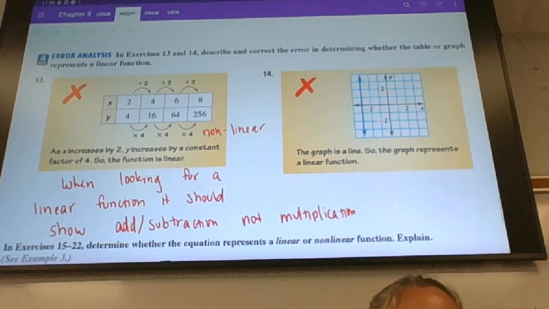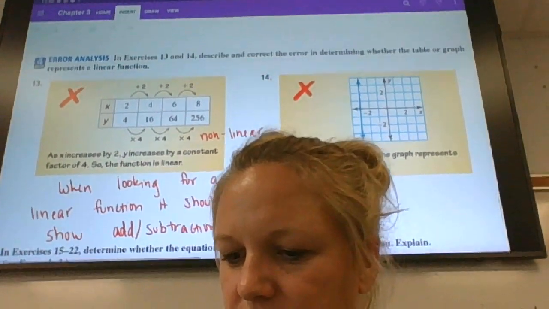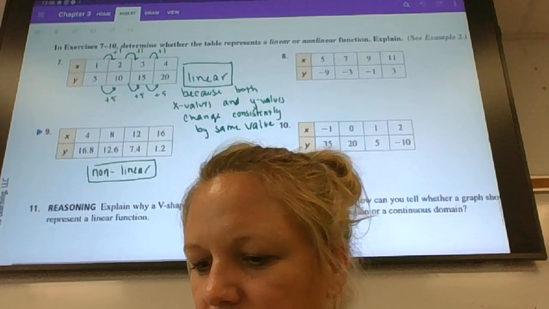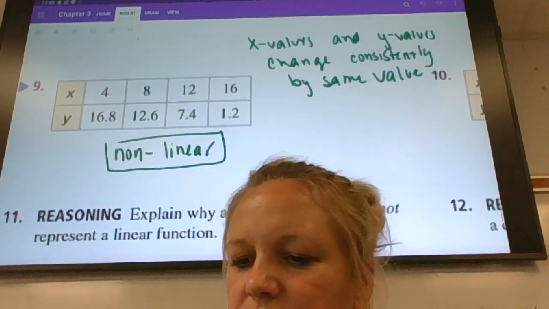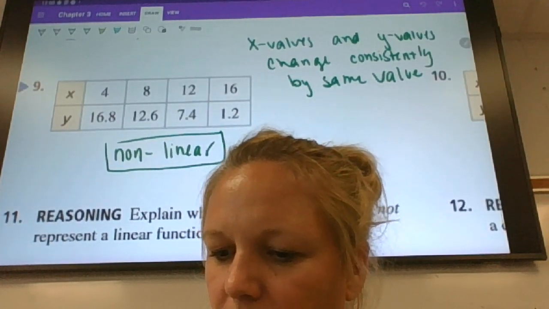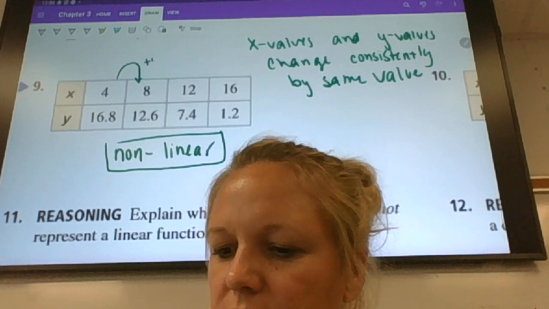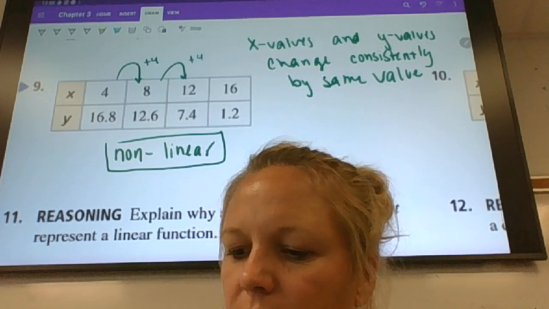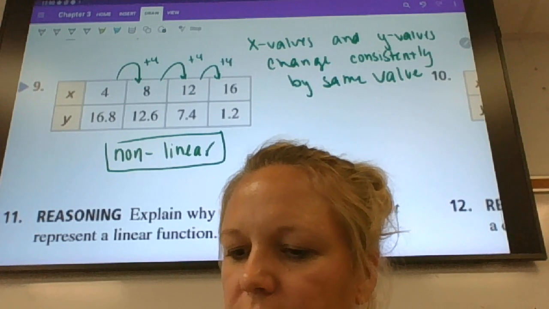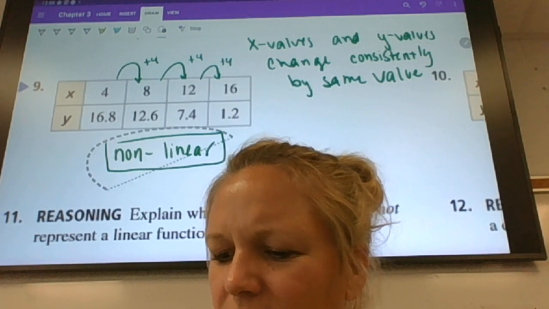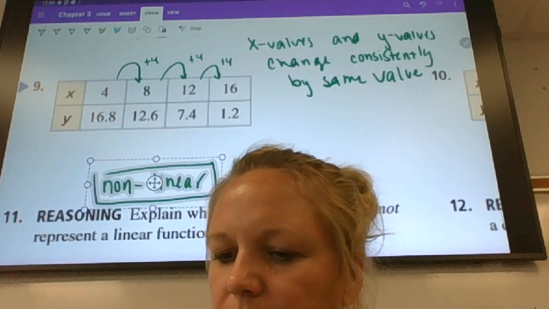Who else had a question about these? You've gotten into the assignment today and you have a question. 9. What's your question? So when I look at this, it goes up 4, up 4, up 4. And then what's happening in the y's? Are they going by the same amount?